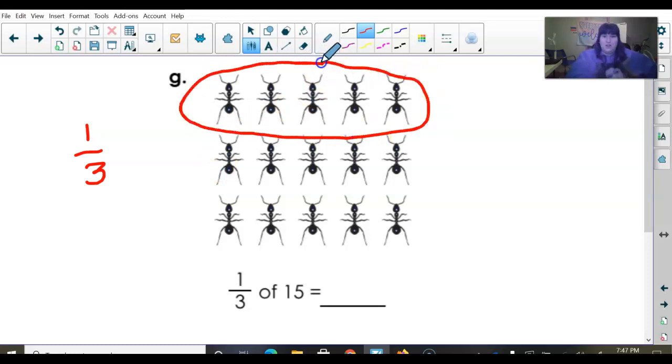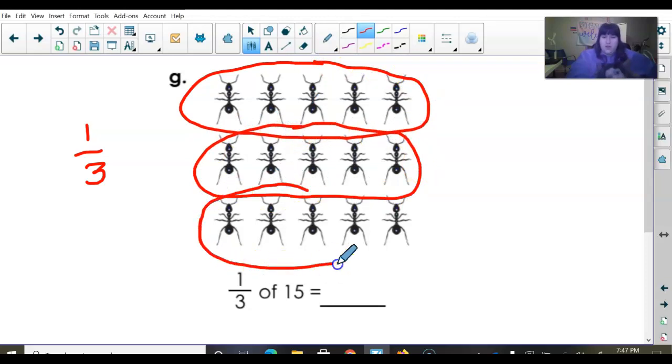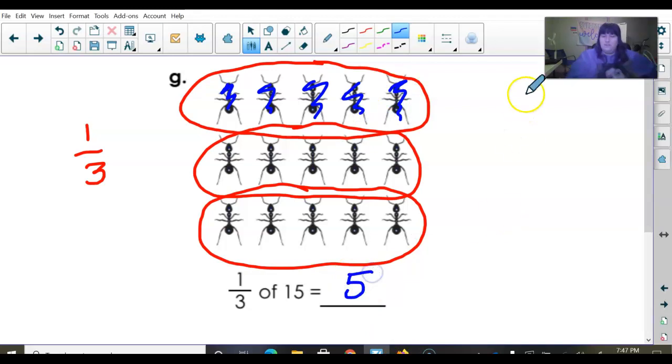So here's 1, 2, 3. All right, we want to know what 1/3 of 15 is. So we each need to count in one of those rows. 1, 2, 3, 4, 5. 1/3 of 15 equals 5.